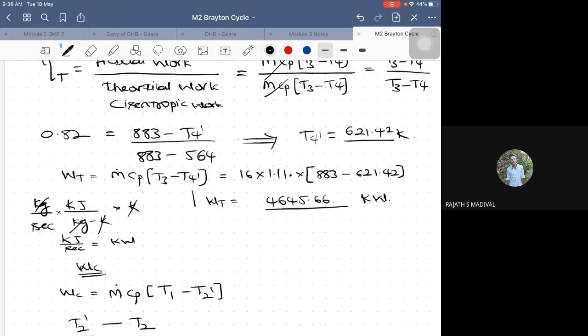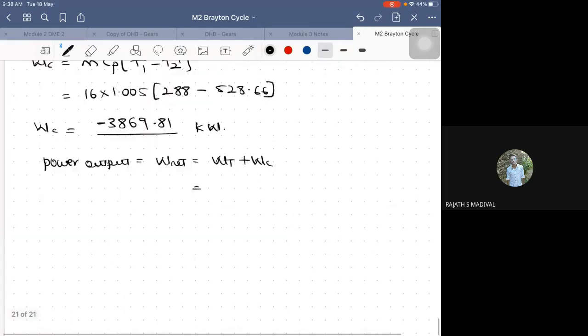WT is 4645.66. WC is how much? Compressor, it is minus 3869.81 kilowatt.